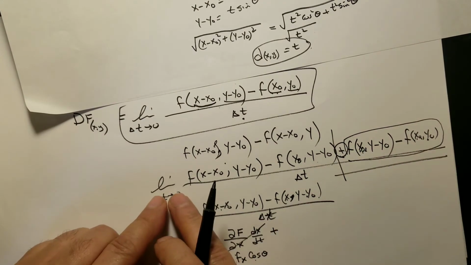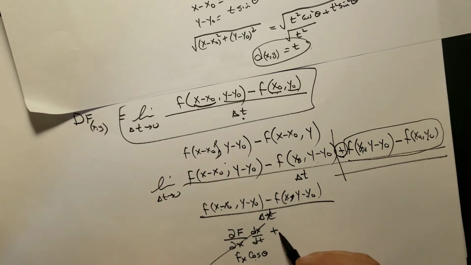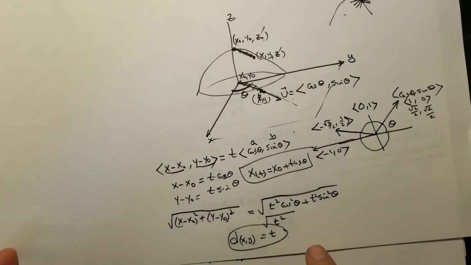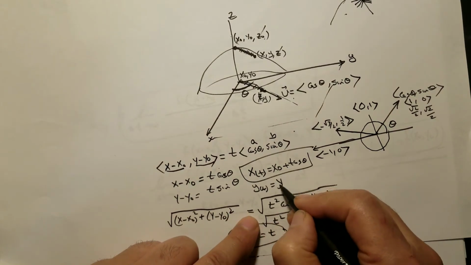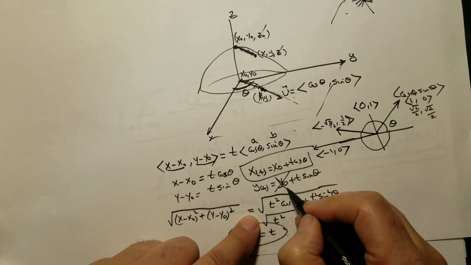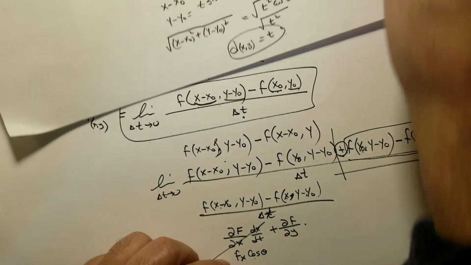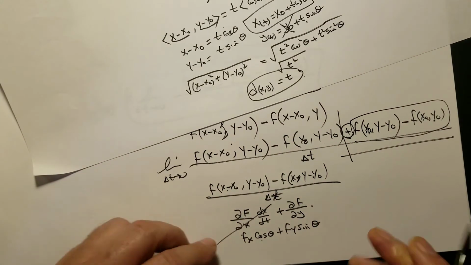Remember, the limit of the sum is the sum of the two limits, and then this would become the partial derivative of f with respect to y times the derivative of y with respect to t. And y is y naught plus t sine theta, and y naught is a constant, but the derivative of y with respect to t is sine theta. Therefore, this becomes plus the partial derivative with respect to y times sine theta.